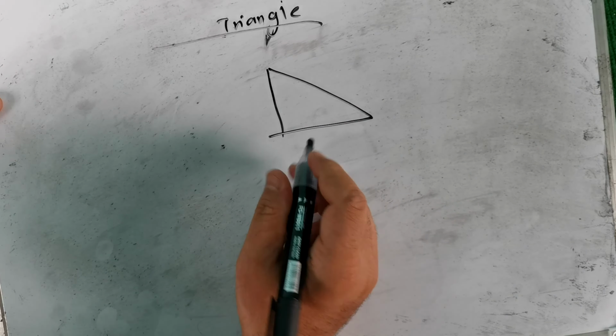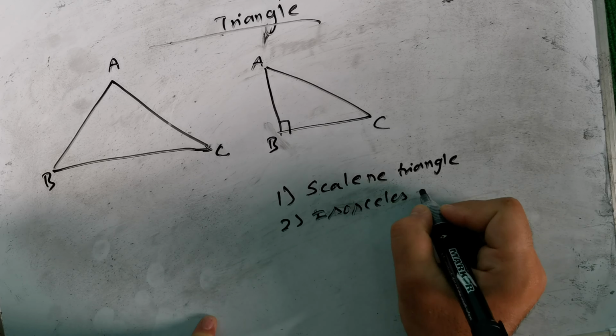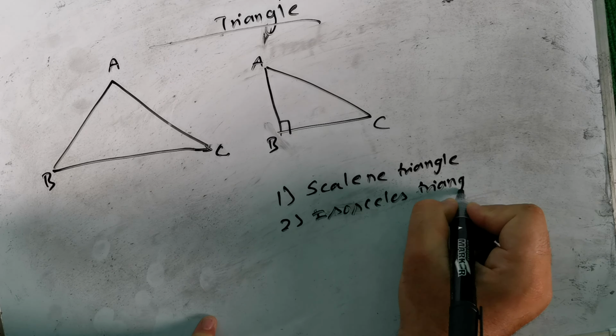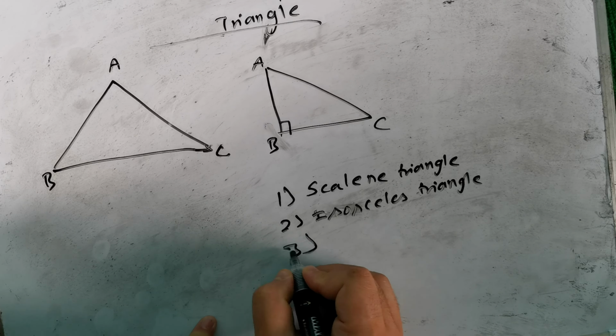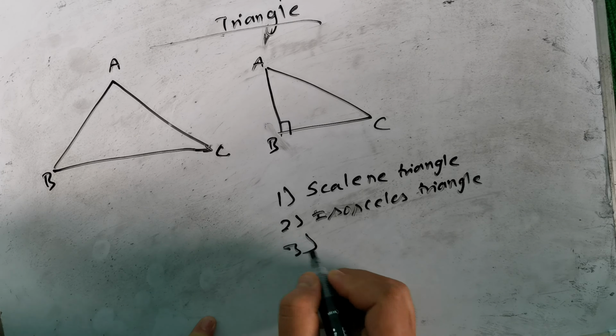Now tell me, what is a scalene triangle? What is an isosceles triangle? What is an equilateral triangle?